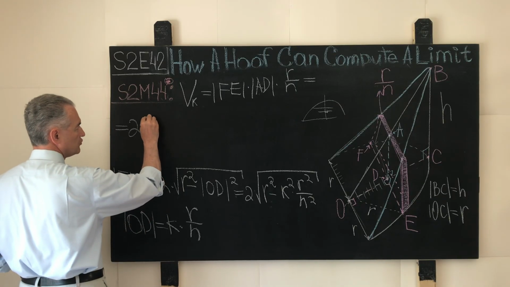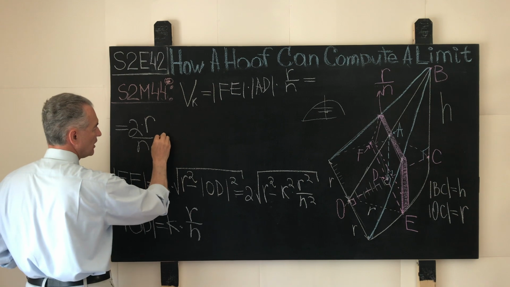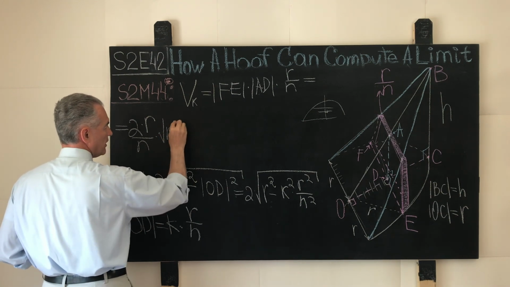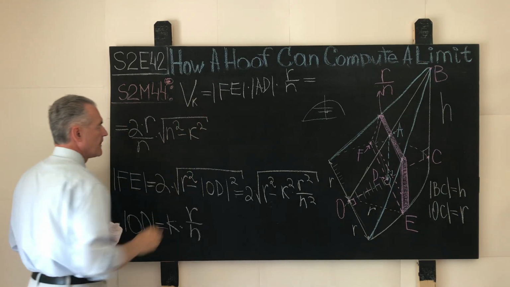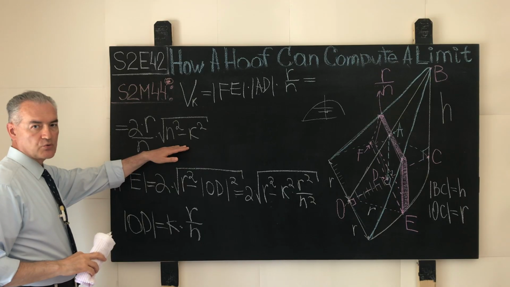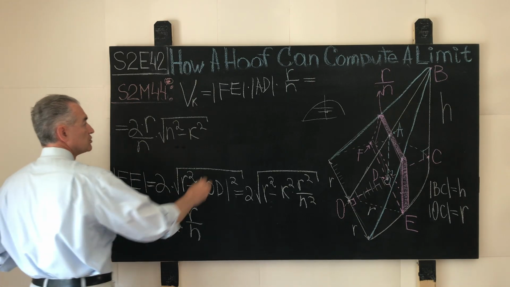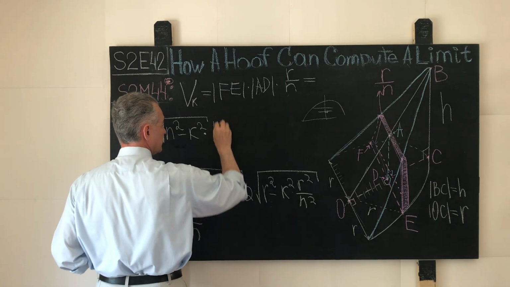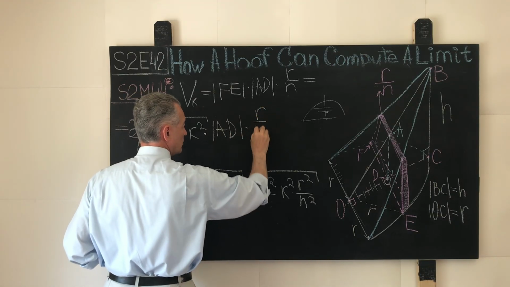So what do we have? 2 times R over N times the square root of N squared minus K squared. And now we already recognize a little bit of what we were given in the limit to begin with. That much is understood. So times the distance AD times R over N again.